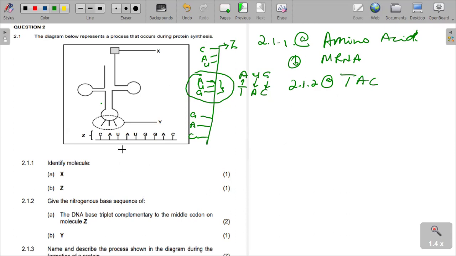the nitrogen base sequence of Y. Y is this one. We are given the order of the nitrogen bases there, which is CAU. What is the complementary base pairing to Y? C pairs with G, and then A pairs with what?